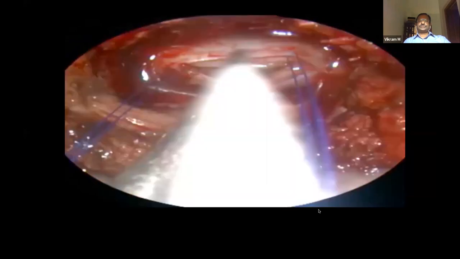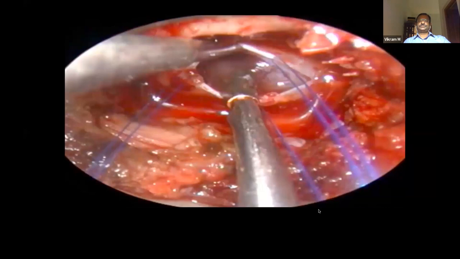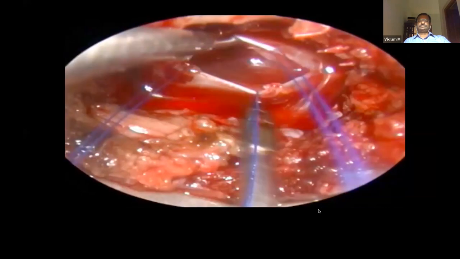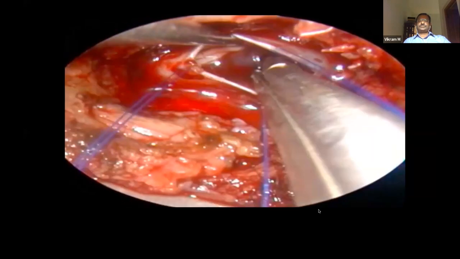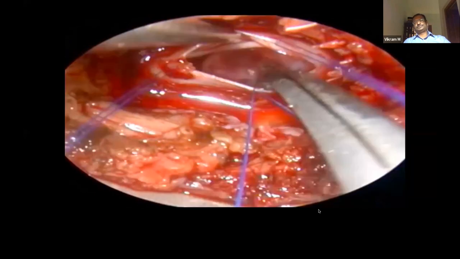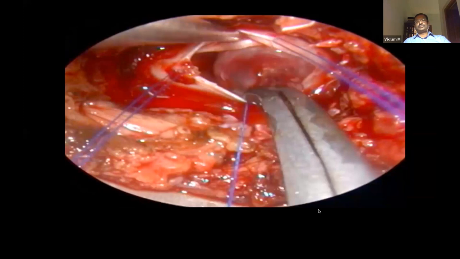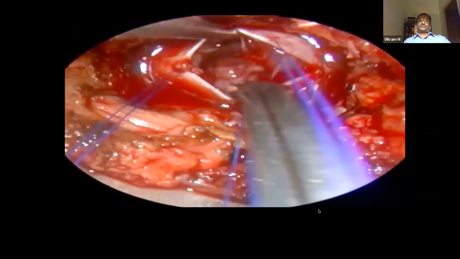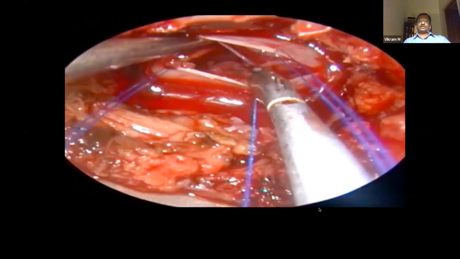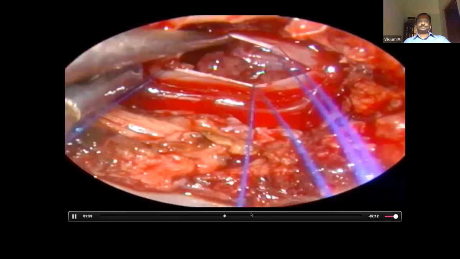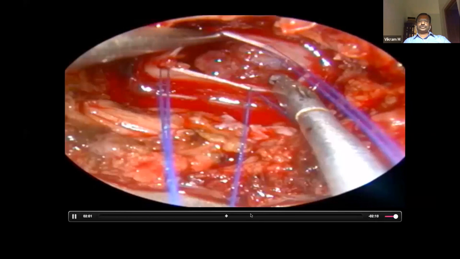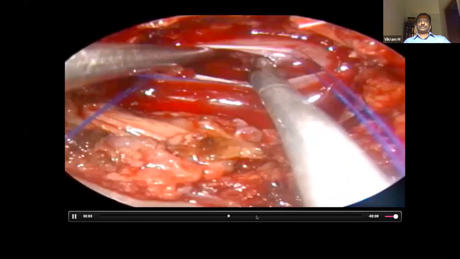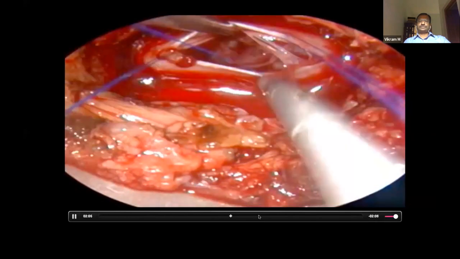So the roots are dissected, the lesion identified, capsule identified, capsule superior pole and inferior pole delineated. As the tumor was not moving, after dissection, debulking started. After adequate debulking, the capsule was dissected all around.